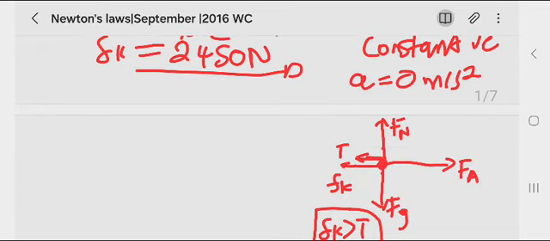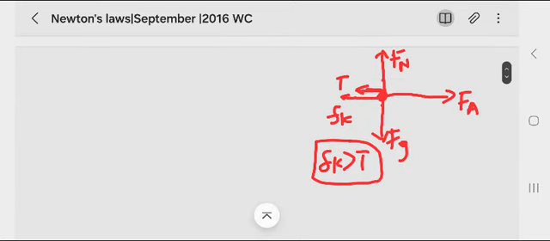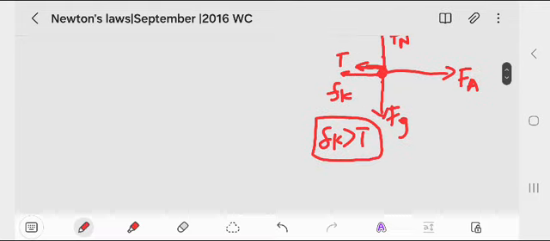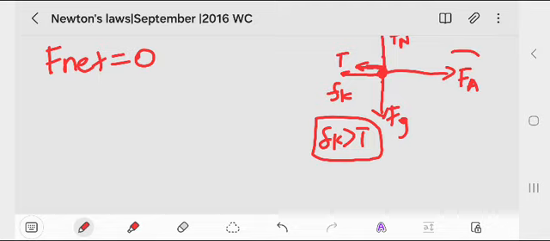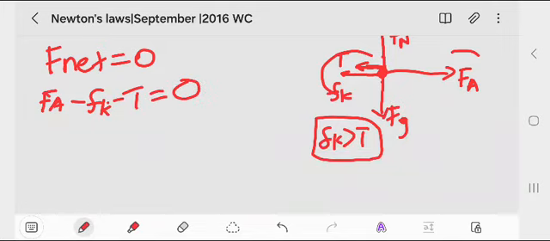So F net equals 0: F applied minus Fk, the friction, minus the tension, must be equal to 0. What do we want? We want the tension.